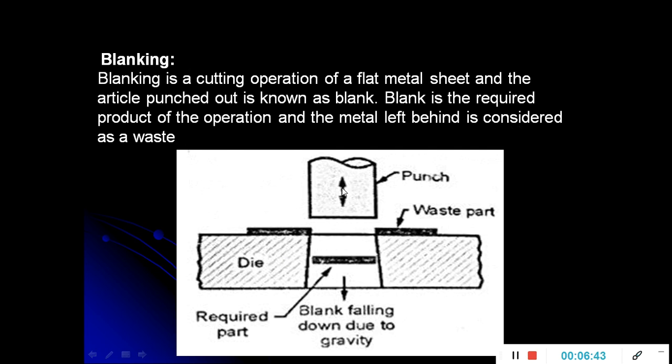Now let us consider the punch, the die, and this is the sheet metal. You apply the force here through the punch so that the material gets separated. This part gets separated from the sheet metal, and this separated part is known as a blank. This is the useful, required material, and the material left behind in the sheet is known as waste material.